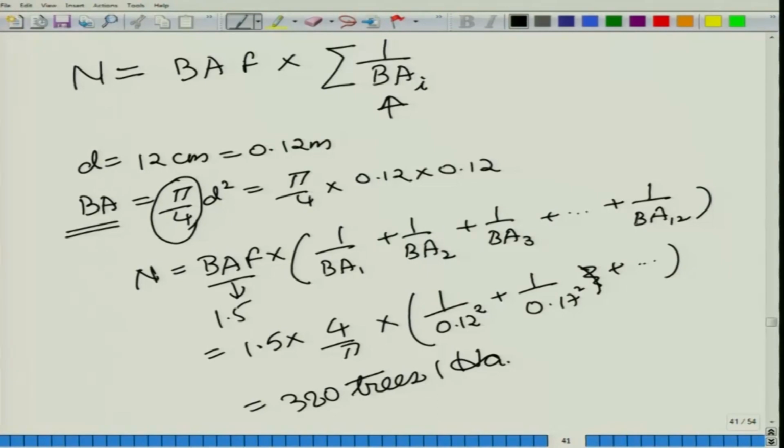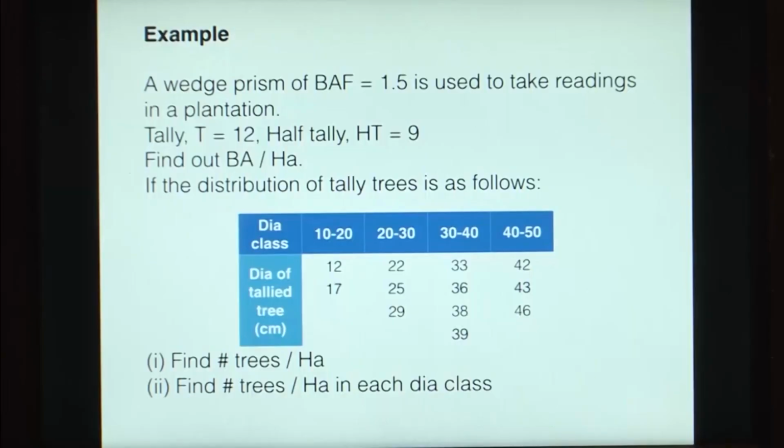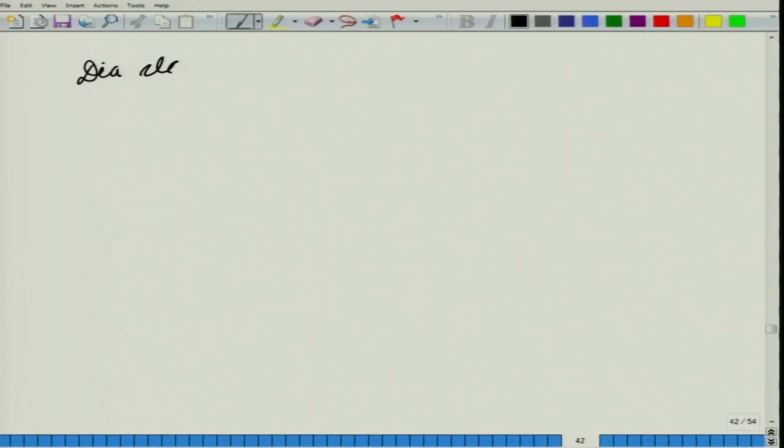Now, the next thing we are asked, coming back to the slide, is the number of trees per hectare in each diameter class. Here we are given the diameter classes: 10 to 20, 20 to 30, 30 to 40, 40 to 50.